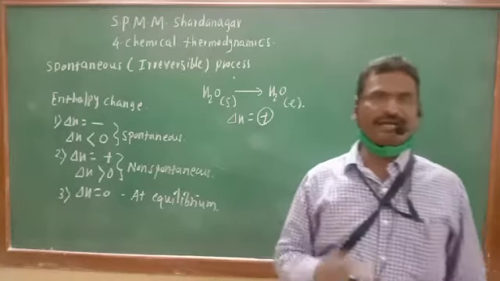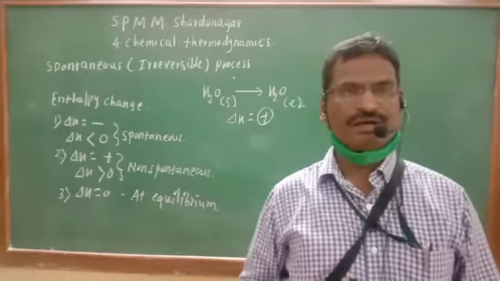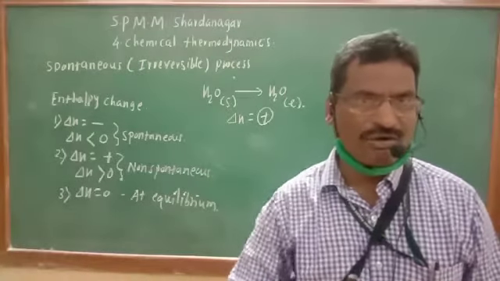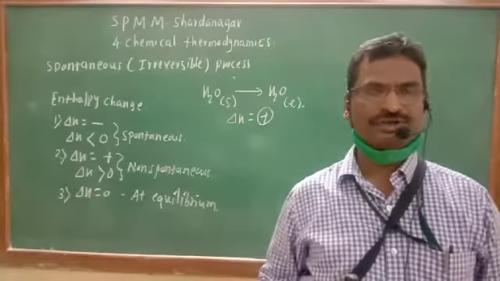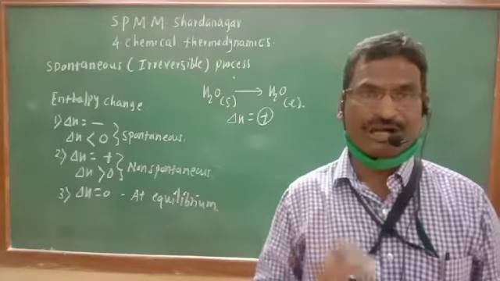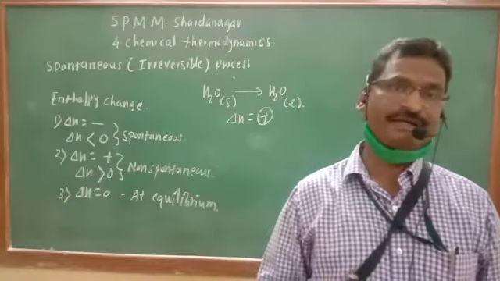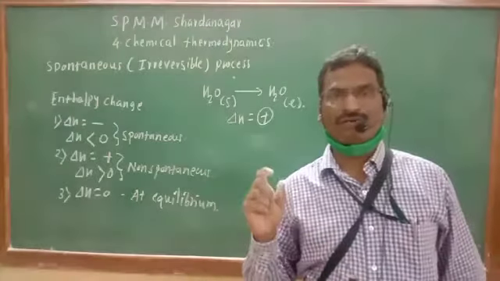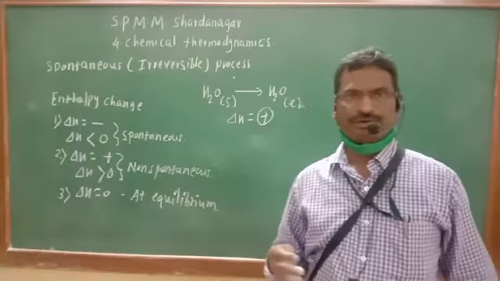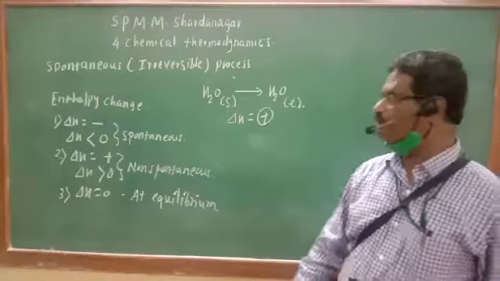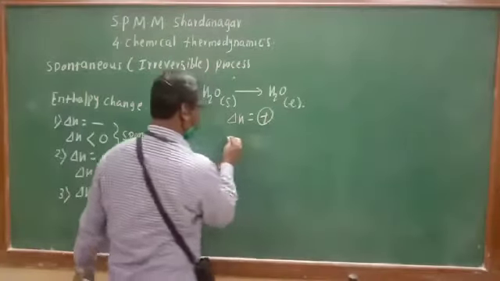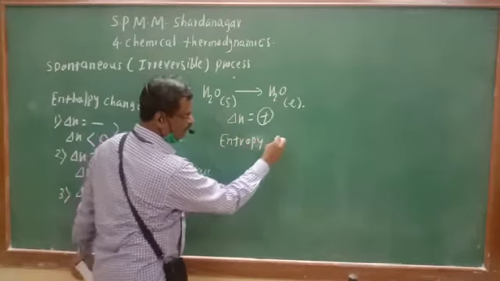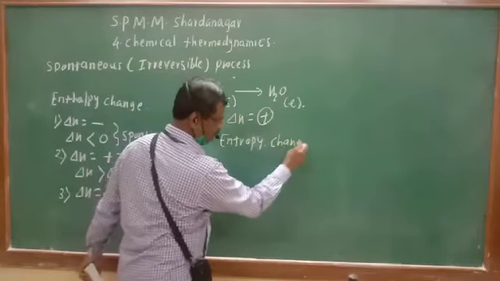Therefore, the criteria of exothermic nature or endothermic nature is not sufficient. Criteria of exothermicity is not sufficient in order to explain the spontaneity of a process. So, certain another concept is required, and that another concept is known as entropy and entropy change.